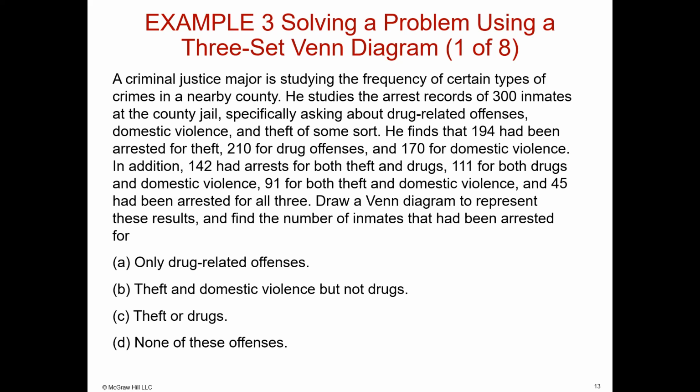In addition, 142 had arrests for both theft and drugs, 111 for both drugs and domestic violence, 91 for both theft and domestic violence, and 45 had been arrested for all 3. Draw a Venn diagram to represent these results and find the number of inmates that have been arrested for only drug-related offenses, B, theft and domestic violence, but not drugs, C, theft or drugs, or D, none of these offenses.